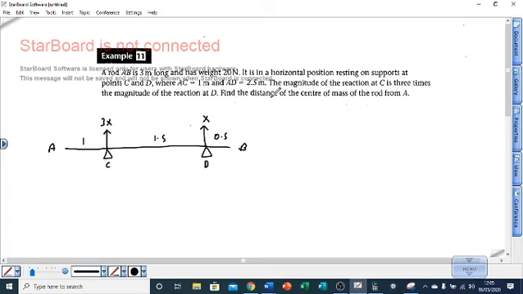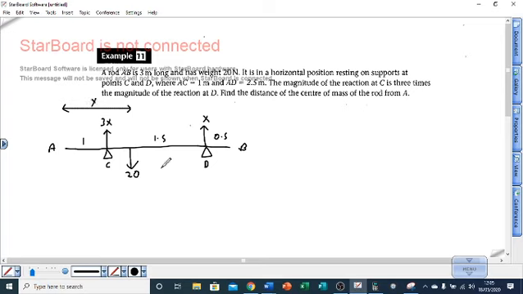Okay, find the distance of the center of mass of the rod from A. It doesn't matter where you put it. I can even put it here, even if I want to be stupid. So I'm going to put it here, and that is a weight of 20 newtons. So it is just 20. And this distance here, because we've used x, I'm going to call y.